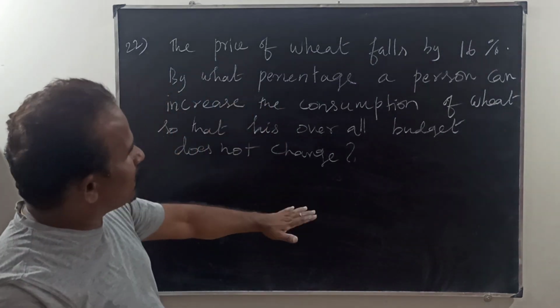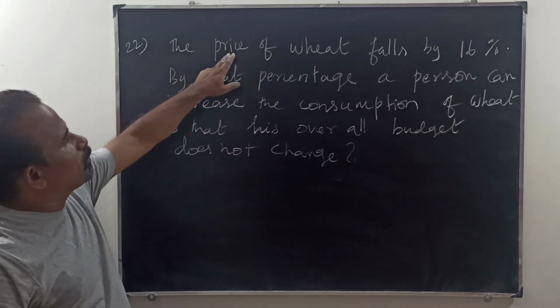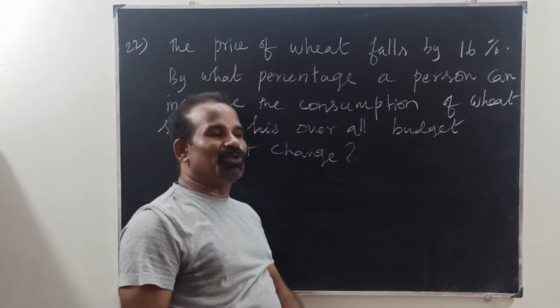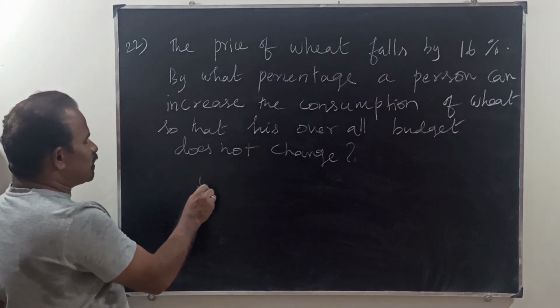So the expenditure is fixed. The price of the commodity decreases. That means what?